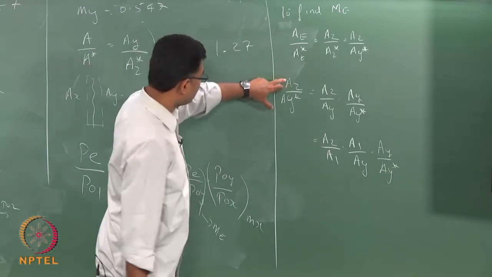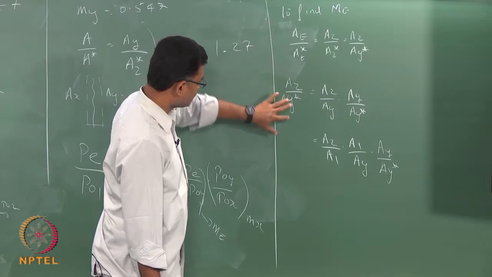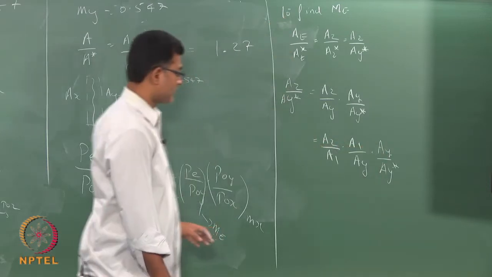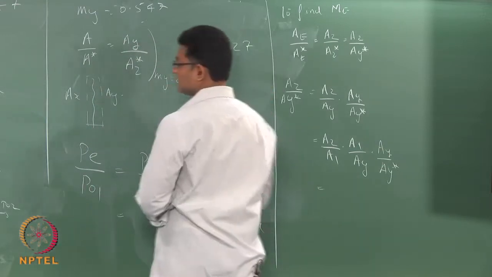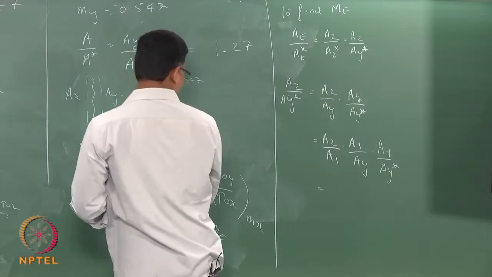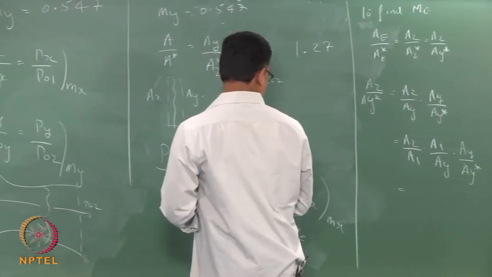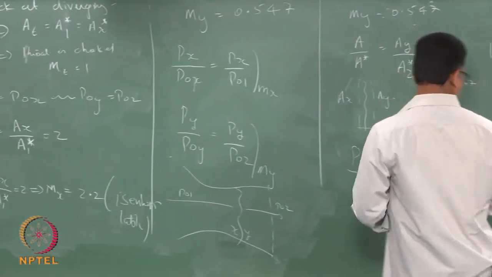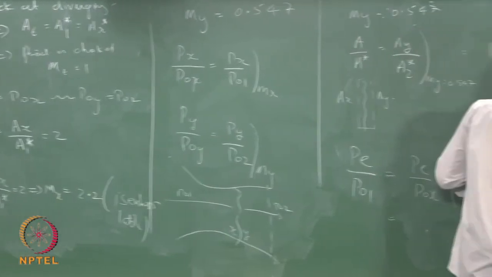So I need to find A exit by A exit star. I replace this quantity in terms of quantities I know. A2 by A1 is already given, which is A exit by A1. A1 is the throat, so I will write this as my throat area.